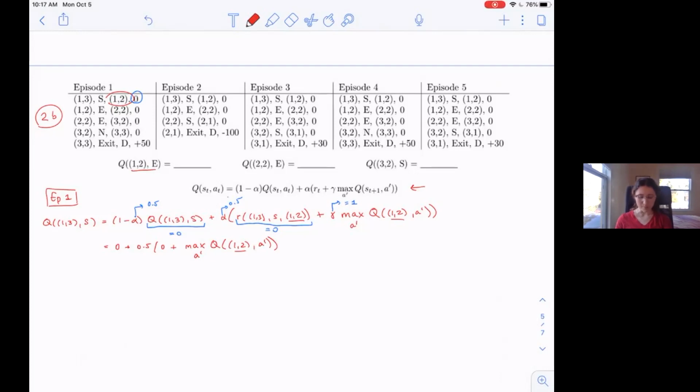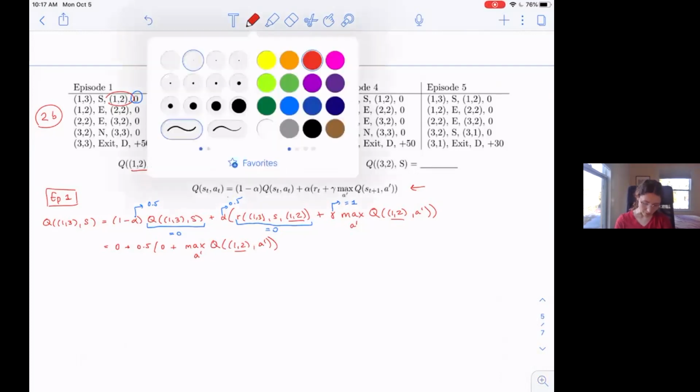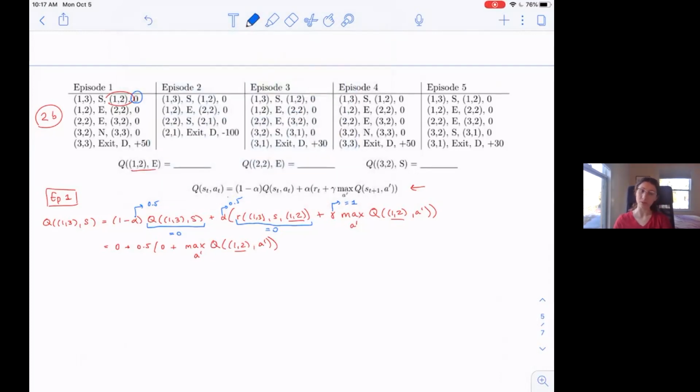Now let's think about what this max over the actions of the Q value at the next state could possibly be. Remember, we're at the very first step of our Q learning algorithm. So what this component of Q learning is trying to do is look at the Q values that we have so far, and query that at the next state we could get to, 1, 2. And we're trying to figure out which action would result in the best Q value at the next state, 1, 2. Unfortunately, we haven't updated anything yet.